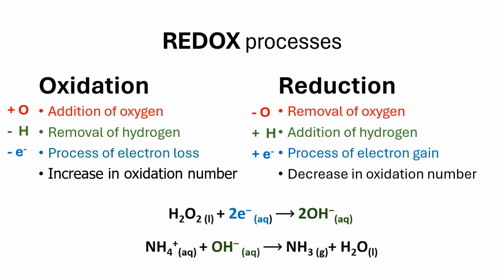Reduction: if we go through the removal of oxygen, it's basically the opposite of oxidation. You take iron oxide in the form of rocks and put them through a blast furnace, and they come out as iron metal, so the oxygen has been removed from them.